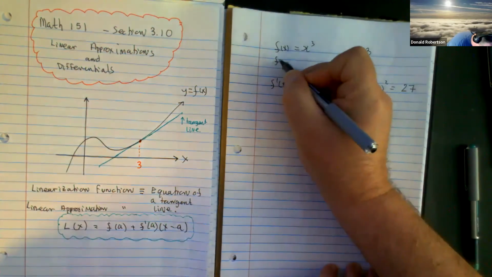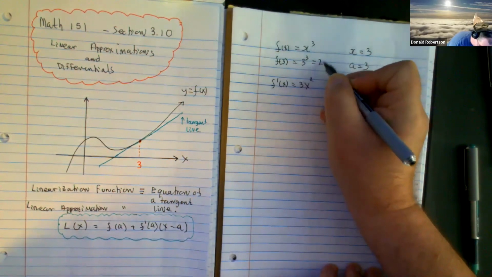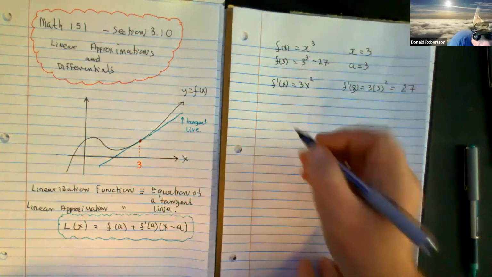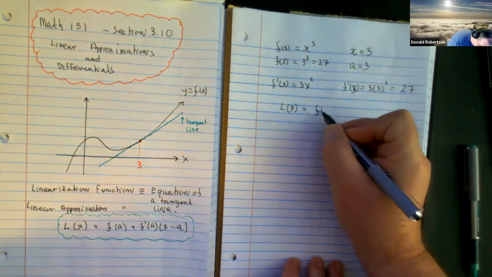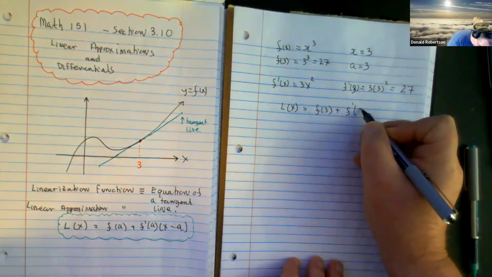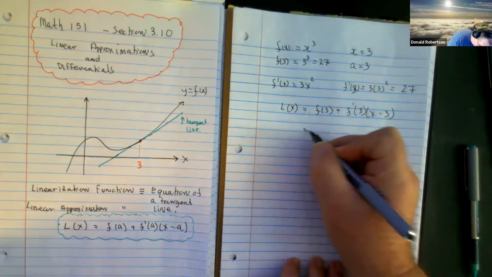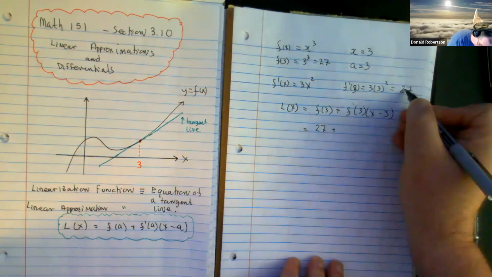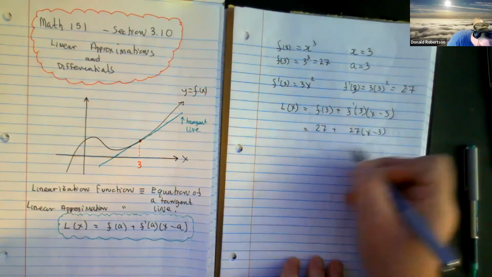I'd find the value of the function at 3, which is also 27. So the linearization function is f of 3 plus f prime of 3 times (x minus 3). So in this case, it's 27 plus 27(x minus 3).